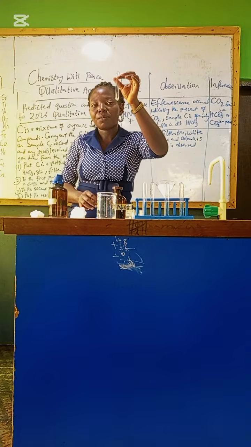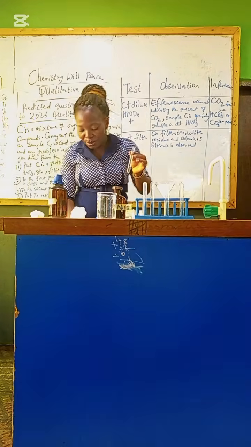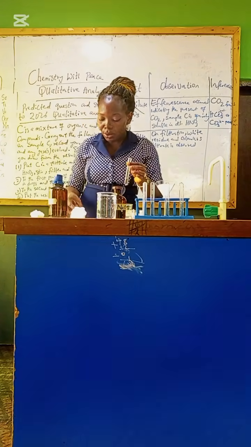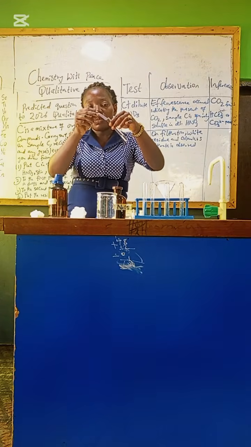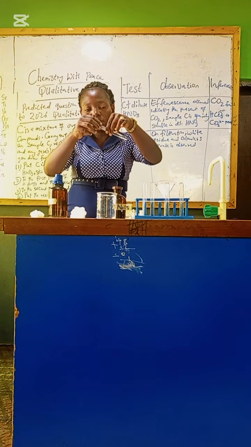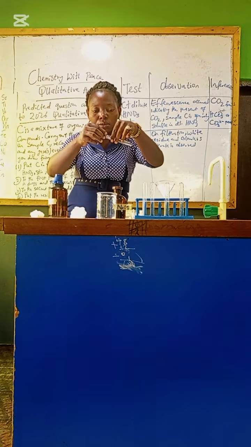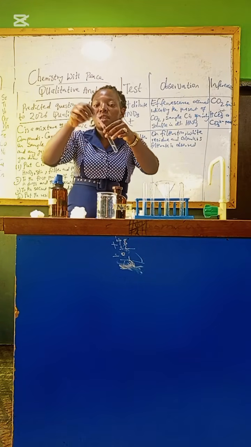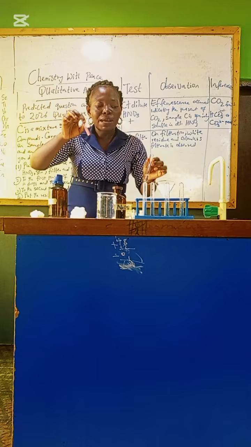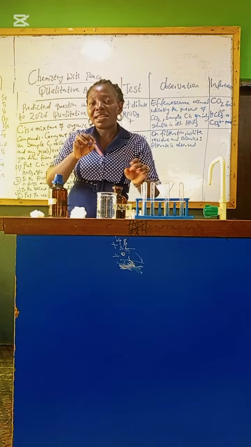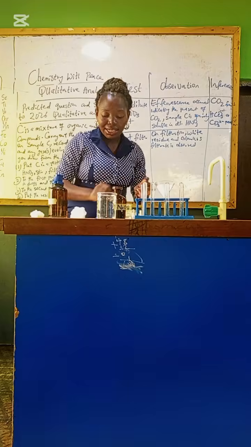Can you see it? Test with litmus paper. I have my litmus paper. Here is blue litmus paper. Can you see it? The blue litmus paper is turned to red, meaning that the solution is acidic.